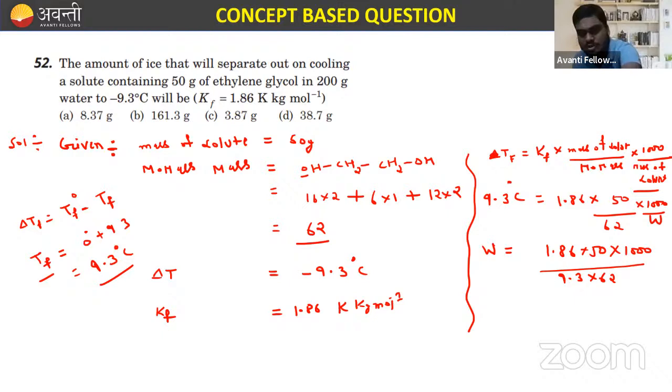So what does W come out to be? On solving, W is equal to 161.3 gram. So this is the mass of the solvent.